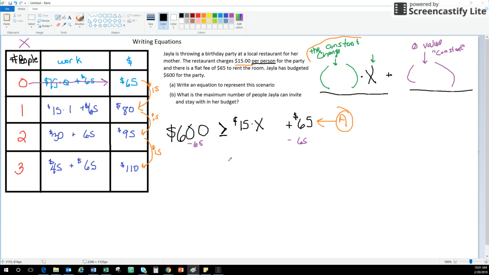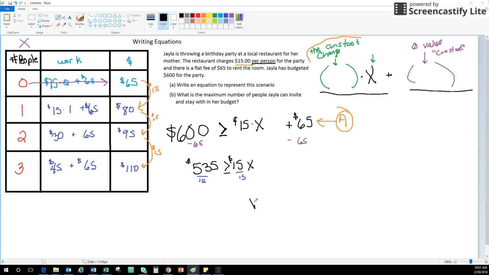I would wind up with $15 times x is less than or equal to 600 minus 65, which is 535.